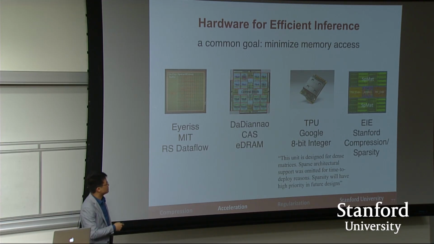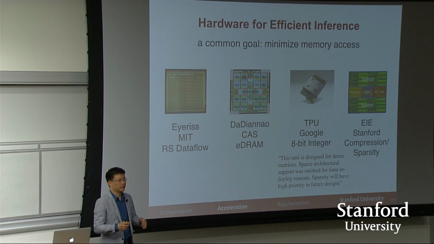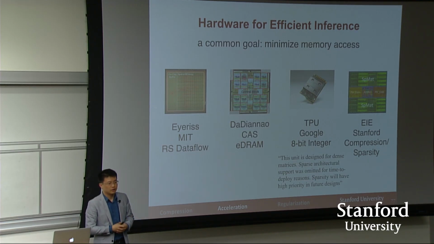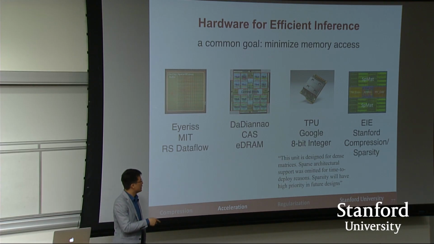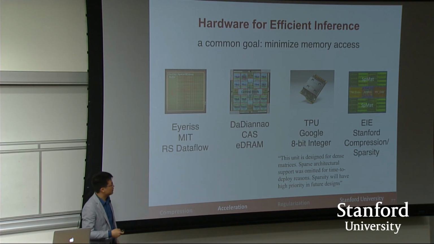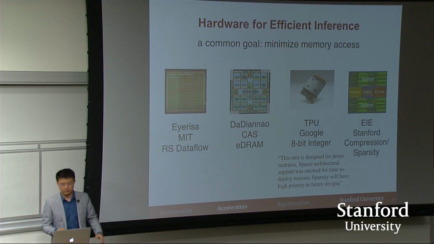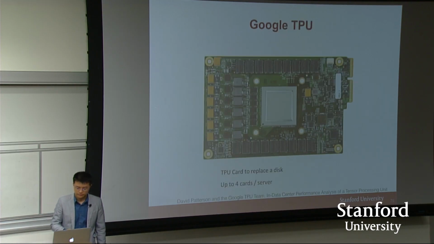And DaDianNao from the Chinese Academy of Sciences buffered all the weights in on-chip eDRAM instead of having to go to off-chip DRAM. The TPU from Google is using 8-bit integers to represent the numbers. And at Stanford, I proposed the EIE architecture that supports compressed and sparse deep neural network inference.